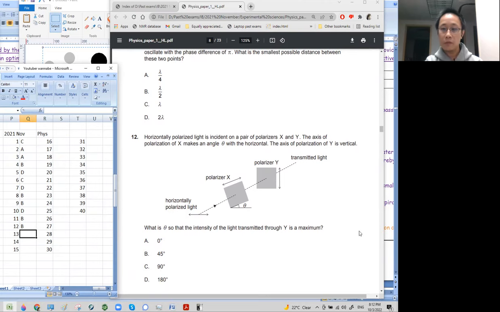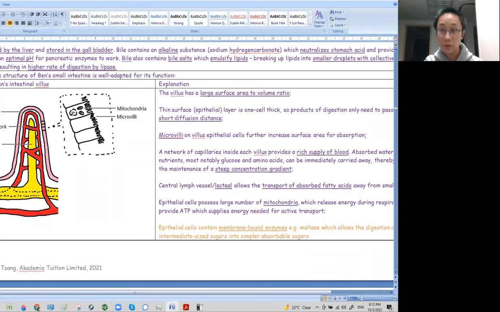It has to do with some trick. I guess intuition also says that should just be 45 degrees. 0 and 90 will cause, well, 0 degrees causes Y to block everything, whereas 90 degrees will cause X to block everything. 180 is the same as 0. But if this is a paper 2 question with no choices, then I'll just show you not this, because this is my biology notes.